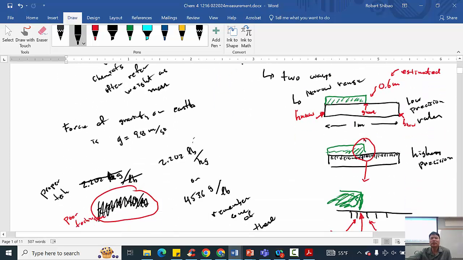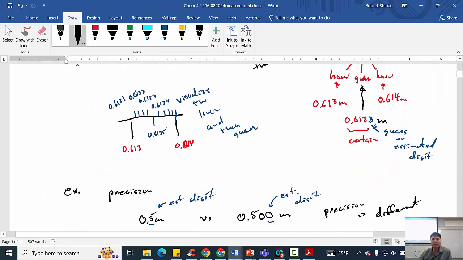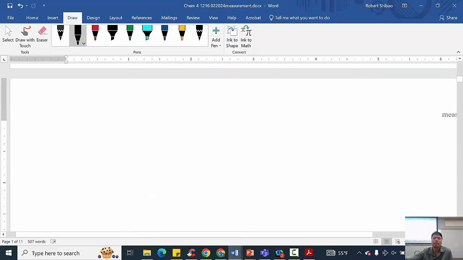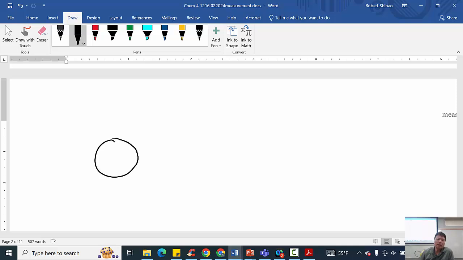The narrow range, and I didn't get to the second way. The second way here is reproducibility. And so the second way of thinking about it is how reproducible. You might hit the bullseye one time, but can you consistently hit it?